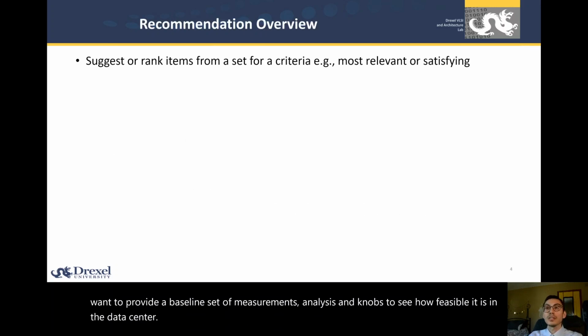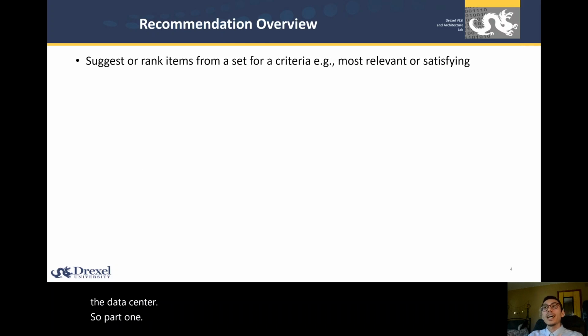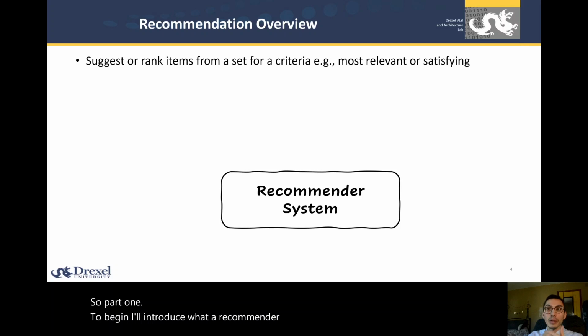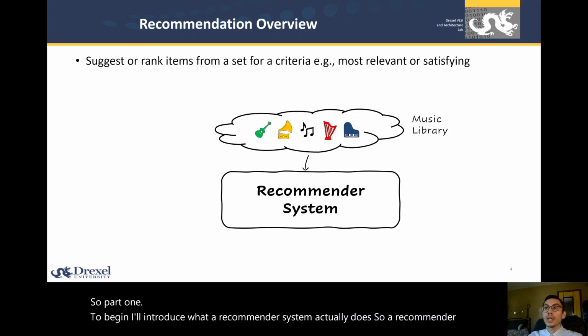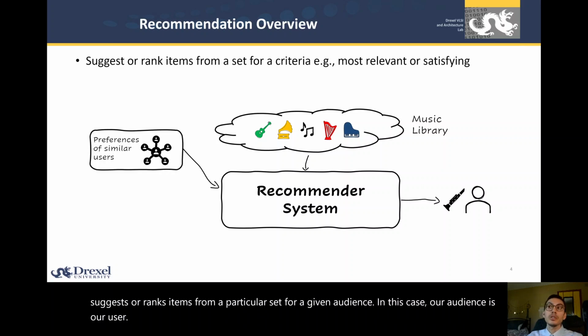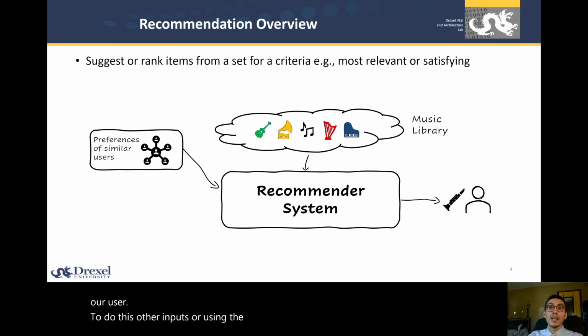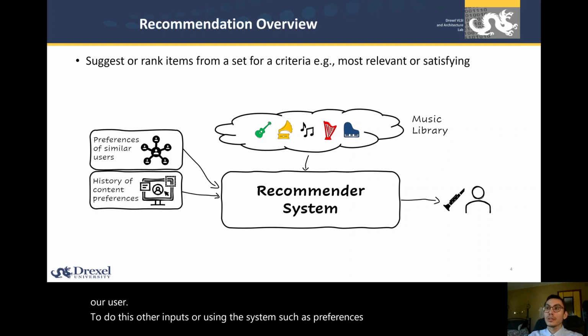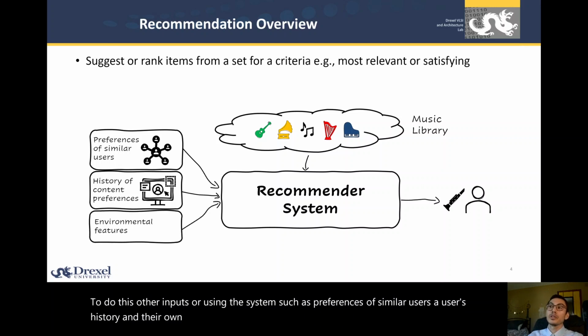So, part one. To begin, I'll introduce what a recommender system actually does. A recommender system suggests or ranks items from a particular set for a given audience. In this case, our audience is our user. To do this, other inputs are used in the system, such as preferences of similar users, a user's history and their own preferences, and environmental features, for example, the time of day or the current location.